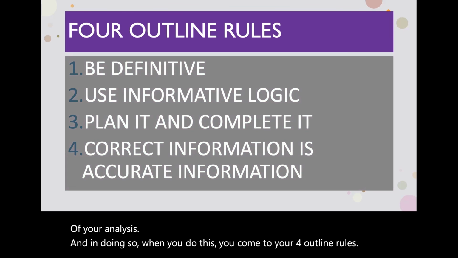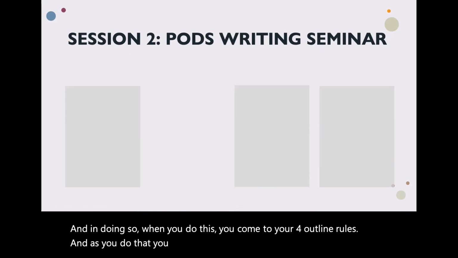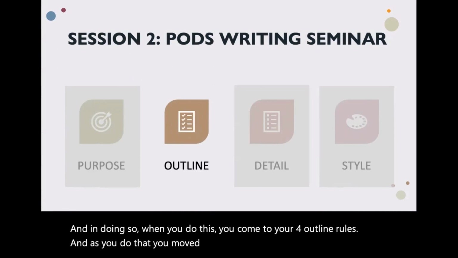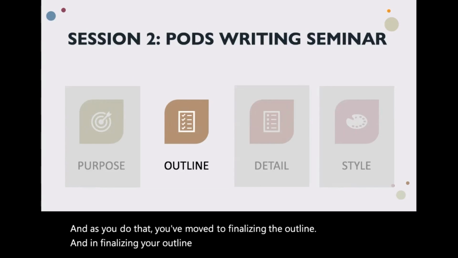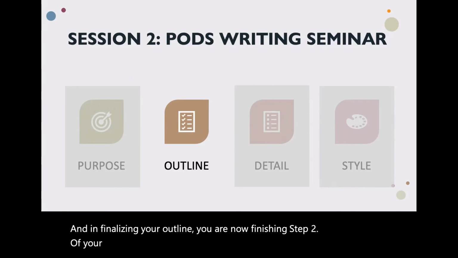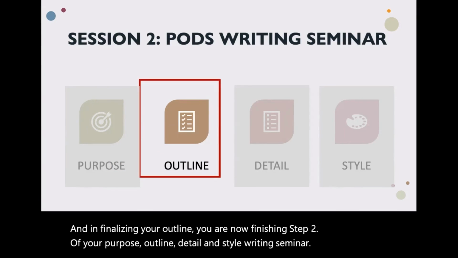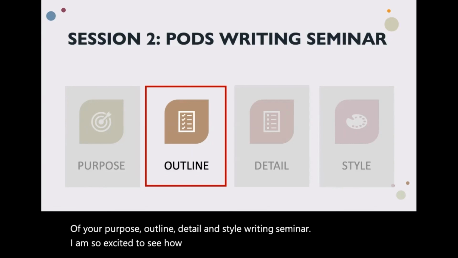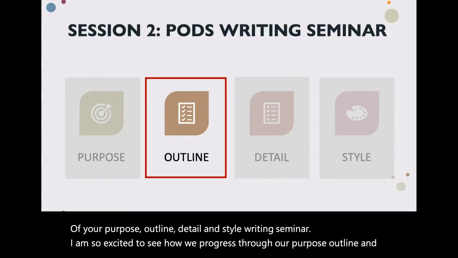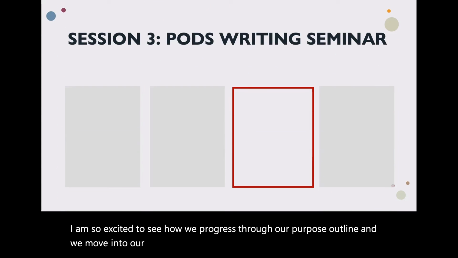And as you do that, you move to finalizing the outline. And in finalizing your outline, you are now finishing step two of your purpose, outline, detail, and style writing seminar. I am so excited to see how we progress through our purpose, our outline, and we move into our next session, detail.